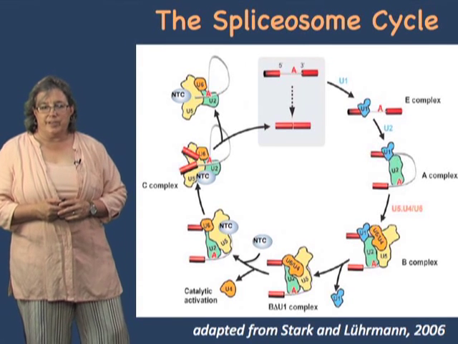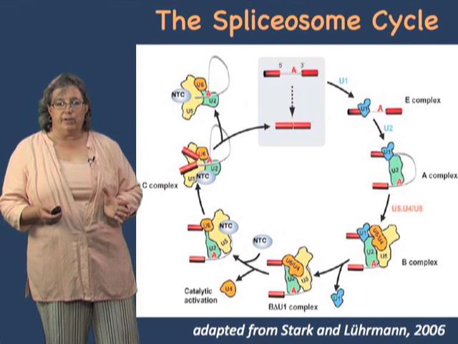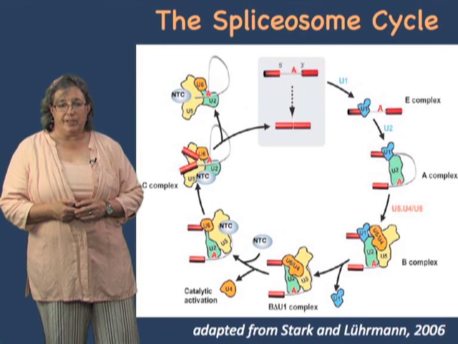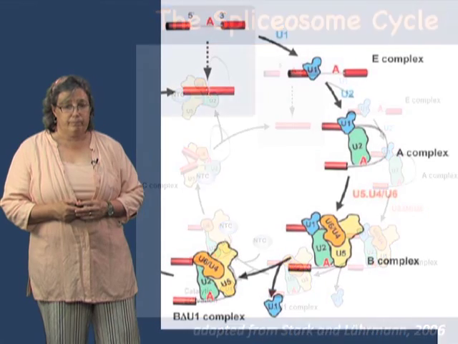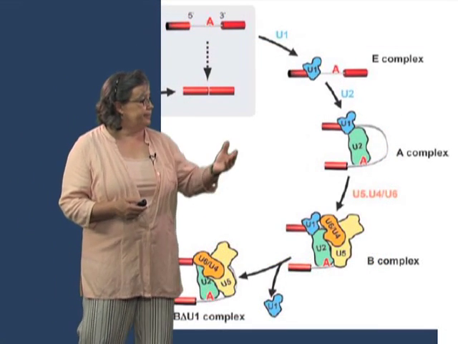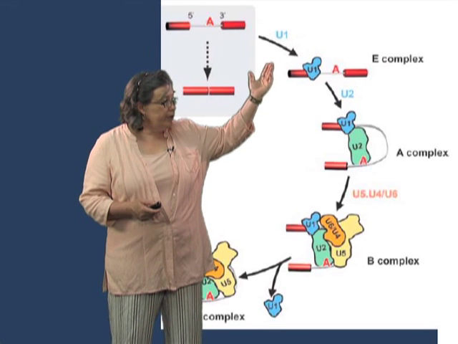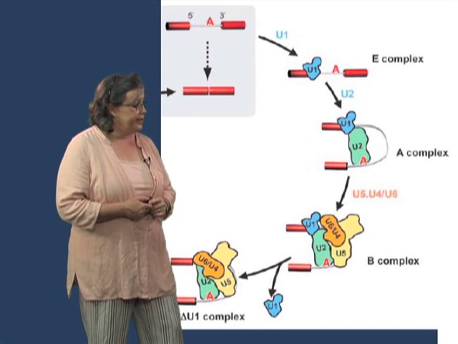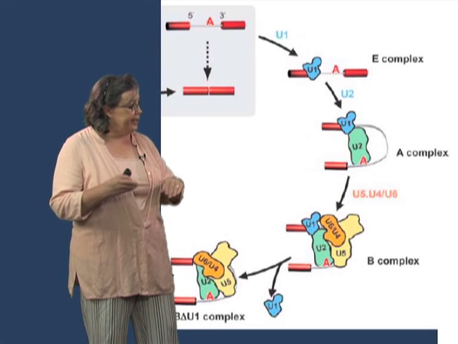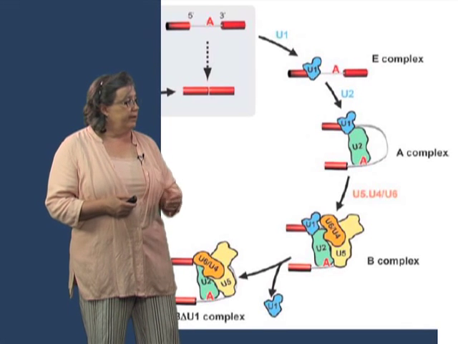Here we are back at the spliceosome cycle, and we're going to look at this a little more closely because I'm going to be telling you about some experiments we've recently done to test this cycle. In the first part of the cycle, at the beginning of spliceosome assembly, U1 snRNP interacts with the 5' splice site, and U1 snRNA actually base pairs with and recognizes the 5' splice site.